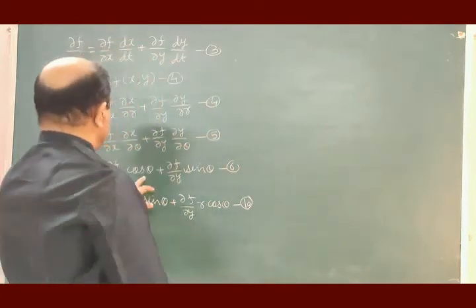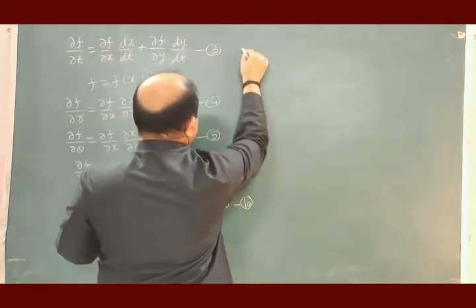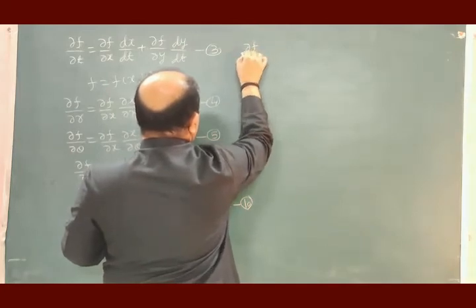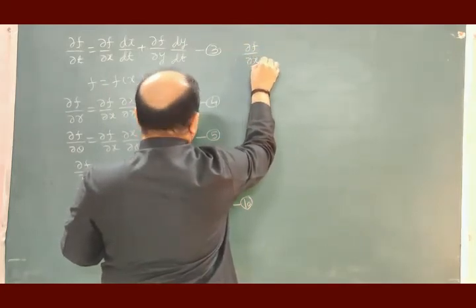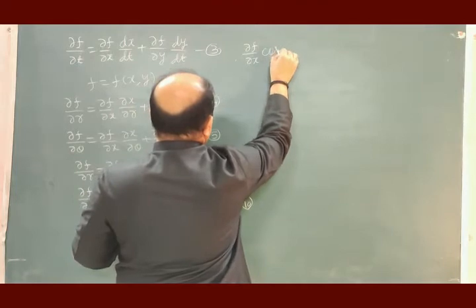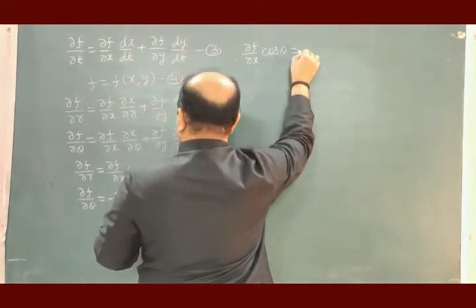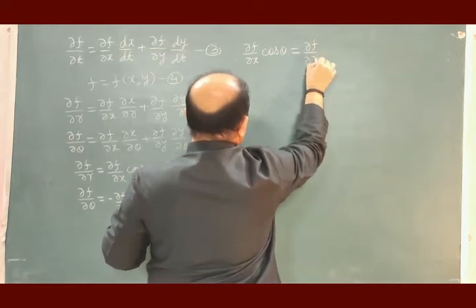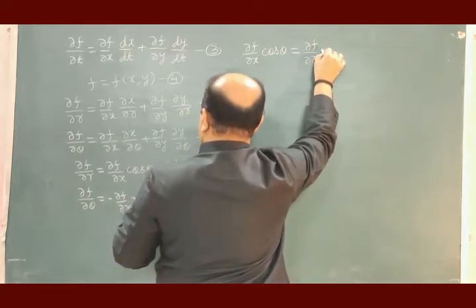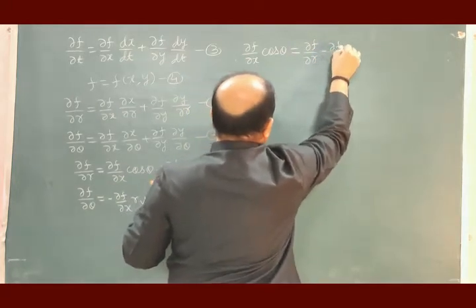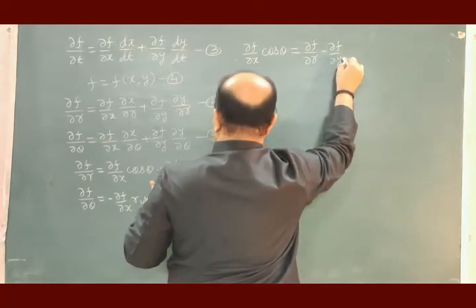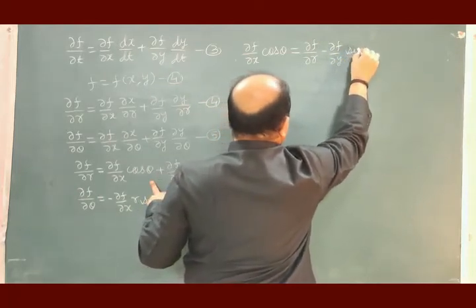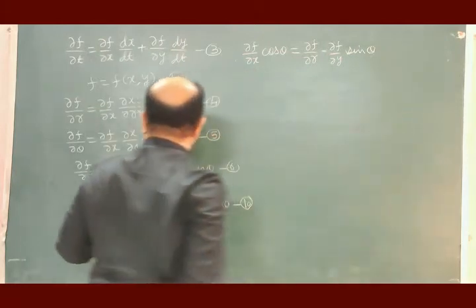Equation 6 may further be written as dou f by dou x cos theta is equal to dou f by dou r minus dou f by dou y sin theta.